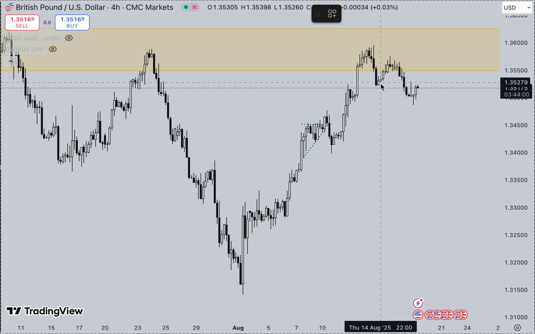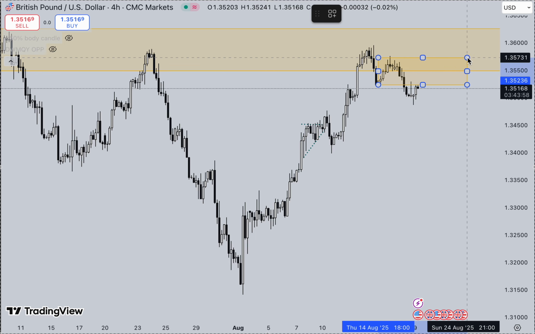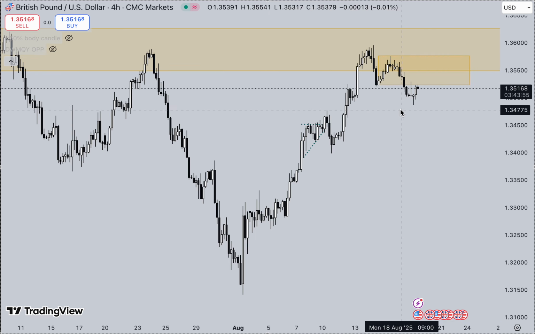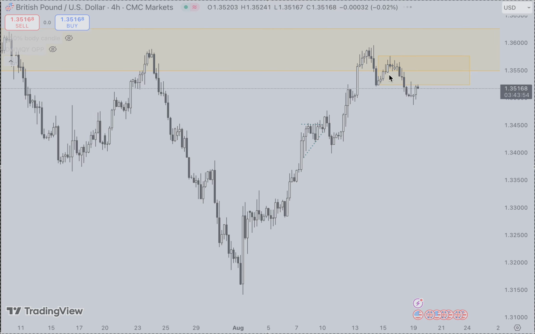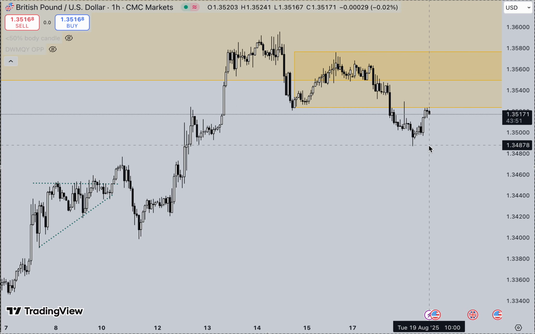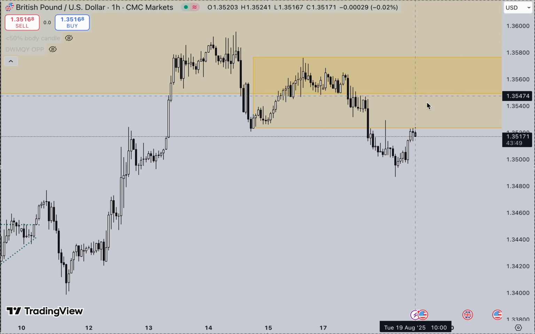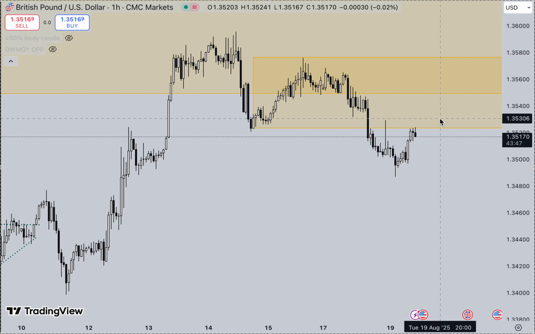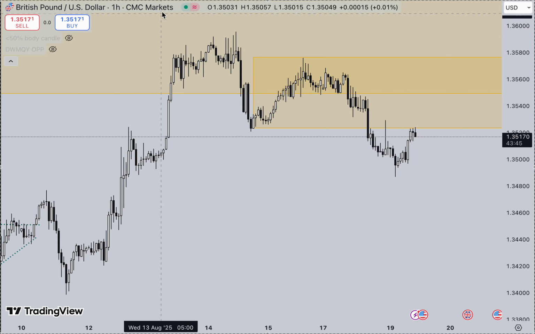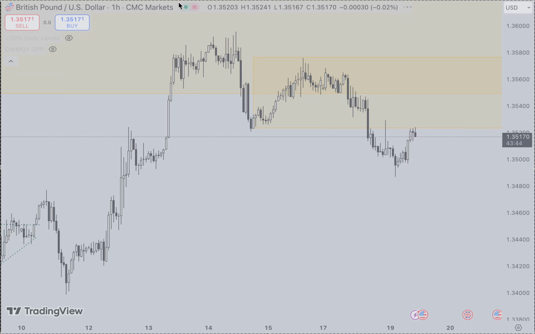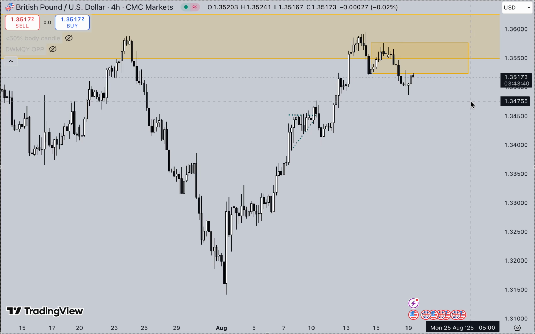So we can still look for lower prices on GU. There's still potential on this trade. So let's watch. Once we start to see those fractal structure breaks, then we can start to look for lower prices on GU.